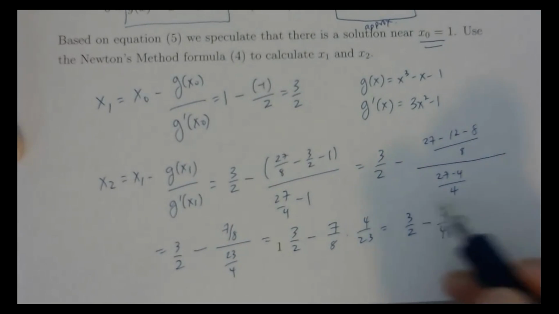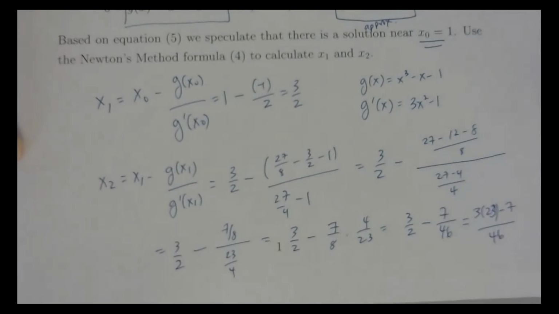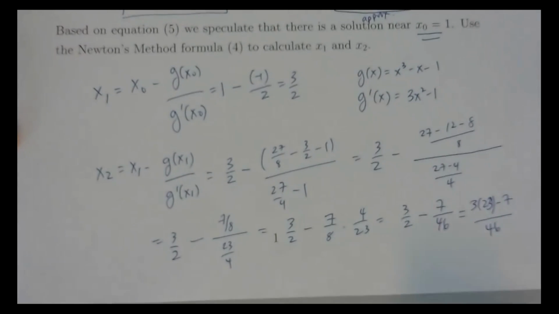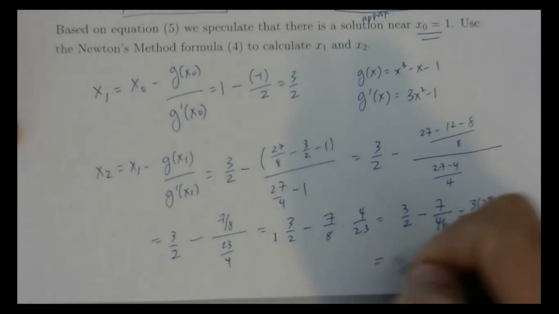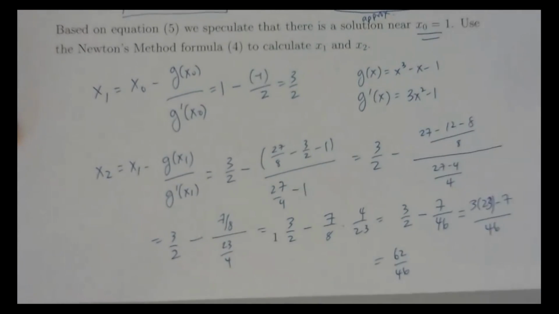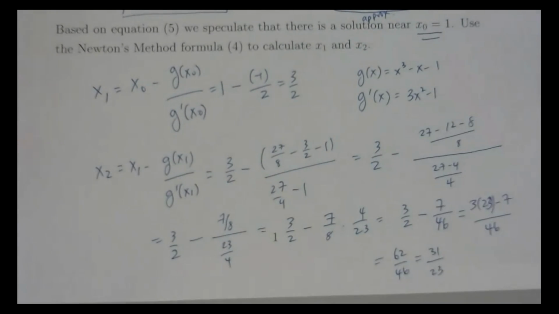So this is 2 times 23, 3 times 23, minus 7 all over 46. Good gracious. What's this? 69 minus 7, so 62 over 46. Whatever this number is, I guess we can divide by 2. So 31 over 23, some number that's a little bit bigger than 1.